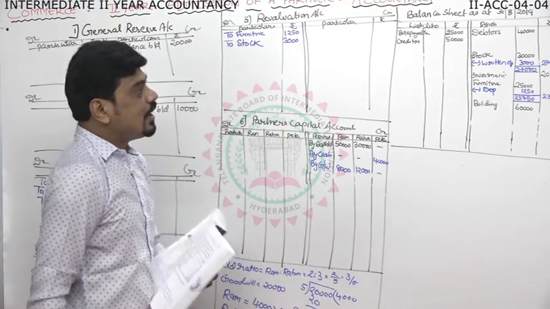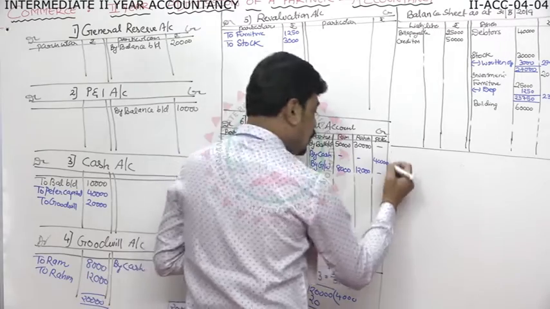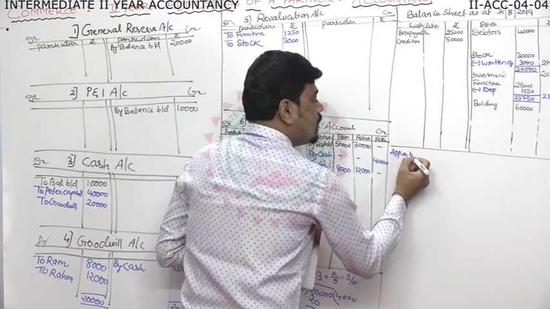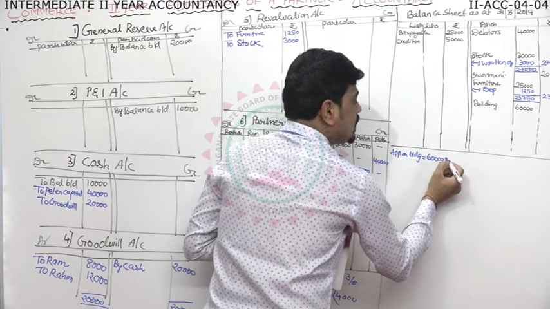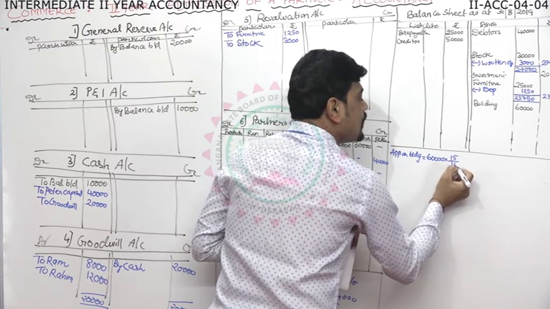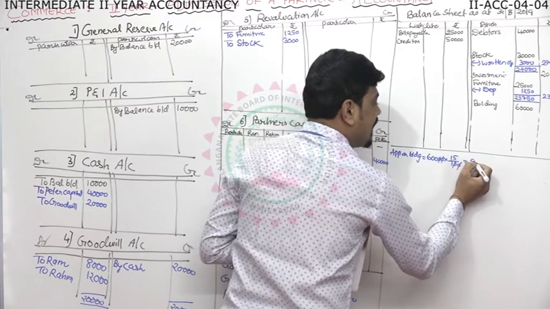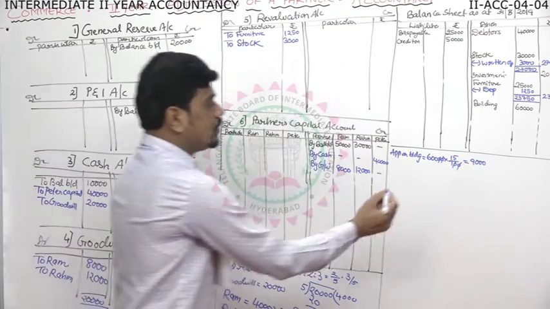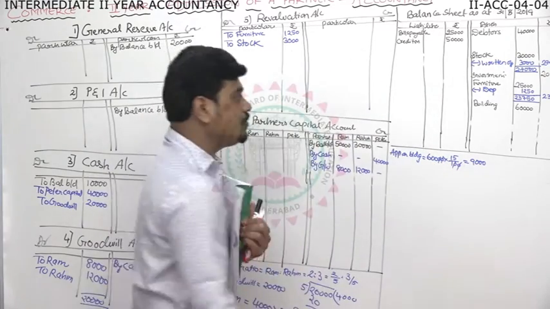Then appreciate building by 15%. So appreciation on buildings. What is the building value? 60,000 into 15%. 0 cancel. 15 6s are 90. 9,000 is the building appreciated.